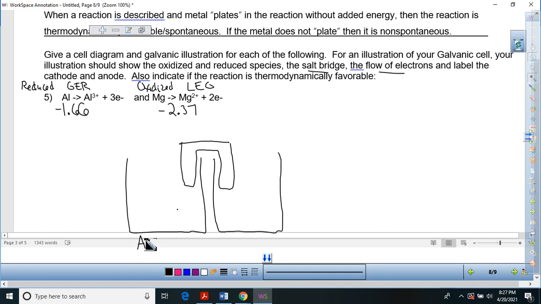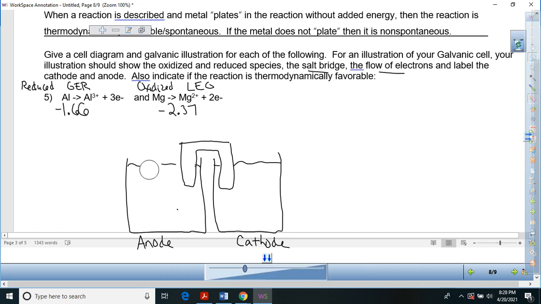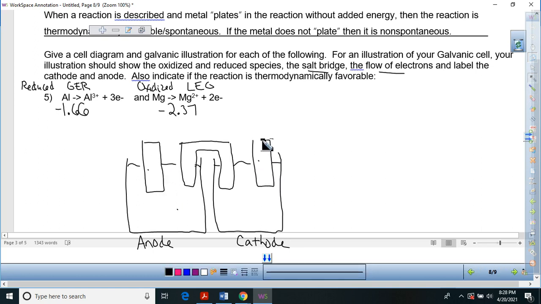And I'm going to put the anode on the left. I'll put the cathode on the right. Inside of my beakers, I have my solutions. And then I have my electrodes. Okay, and this is my salt bridge. It's going to be some sort of a soluble ionic compound. Sodium chloride would be a great choice.